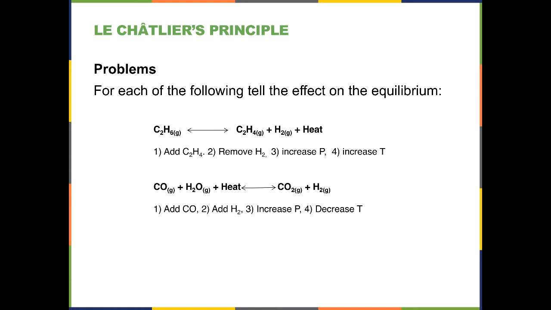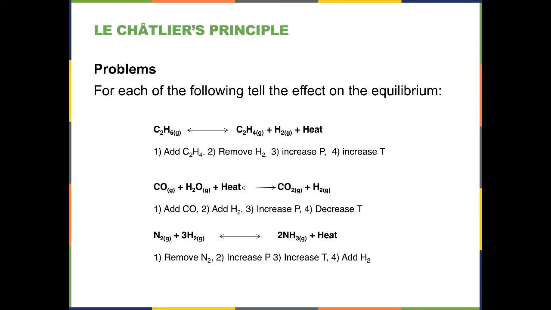If you increase the pressure, you have 2 molecules on the right, 2 molecules on the left. Increasing the pressure doesn't do anything. And then if you decrease the temperature, decreasing the temperature is equivalent to removing heat. If you remove heat, it will shift to the left to try to replenish the heat that's on the left.